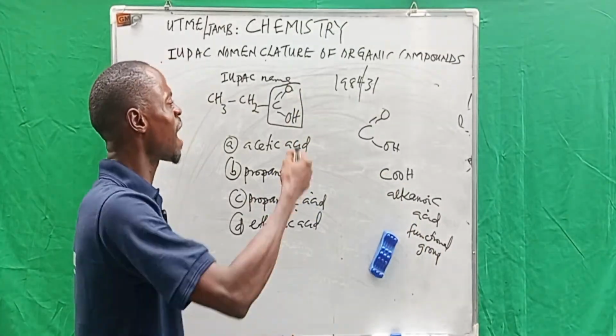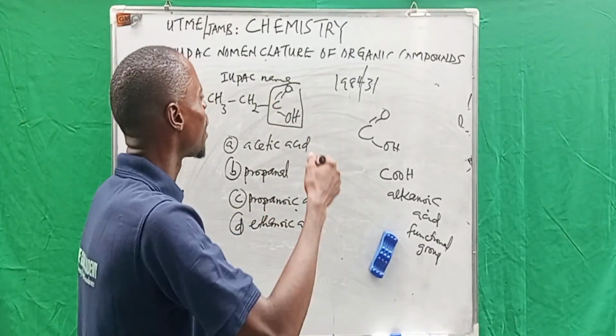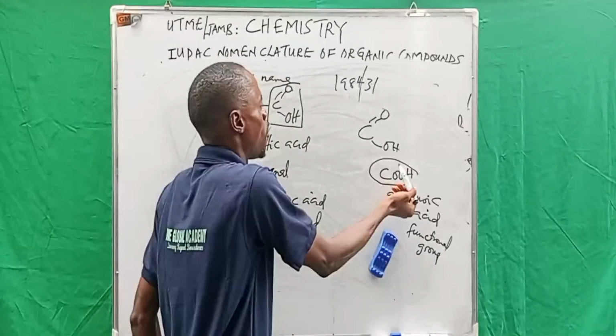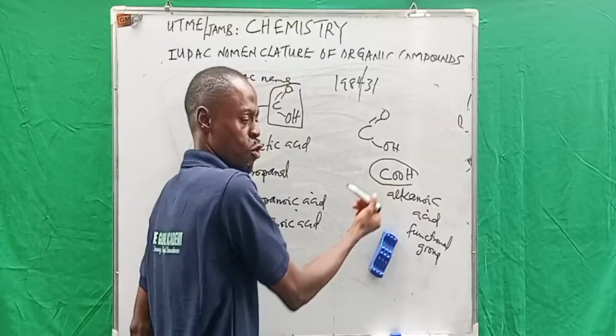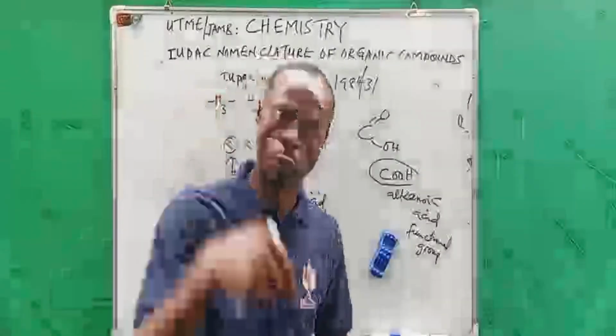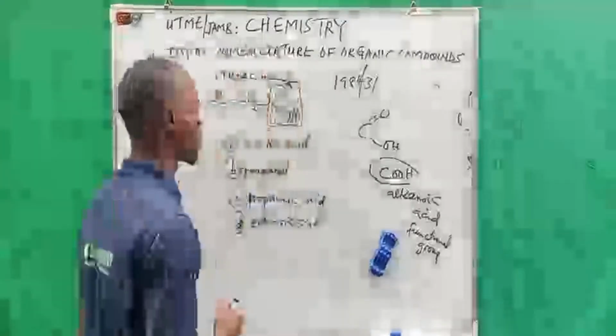Now, in an alkanoic acid structure, if you want to locate or start numbering the longest carbon, the first carbon, hence you must start carbon from that. What does it mean, or what are we saying in essence?